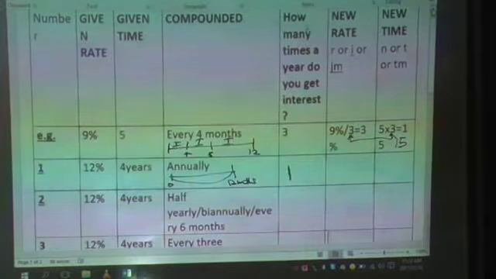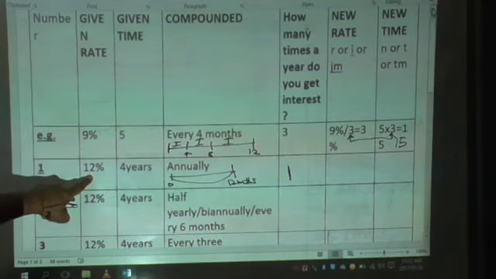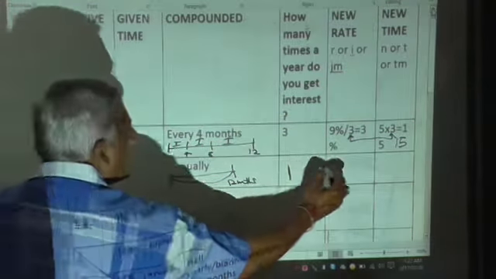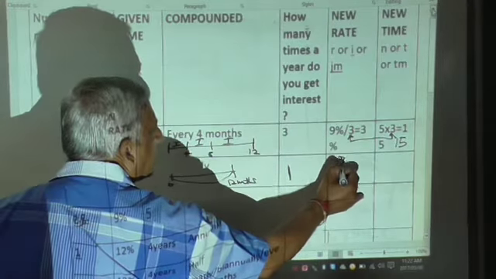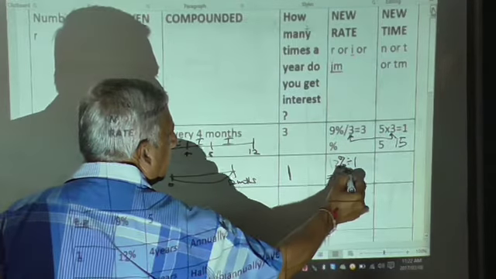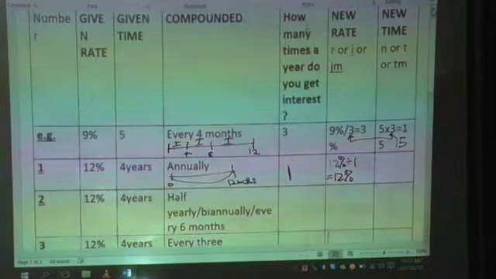Now, if that is 1, what do we do to the rate? The given rate is 12%. We take 12% and we divide it by this 1. So 12% divided by 1 is still 12%. And what do we do with the time?